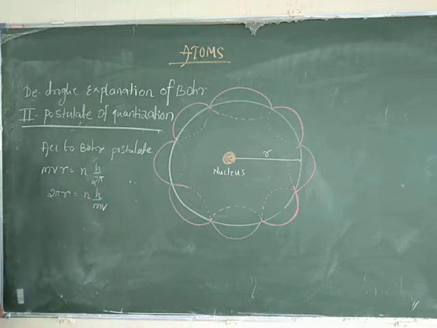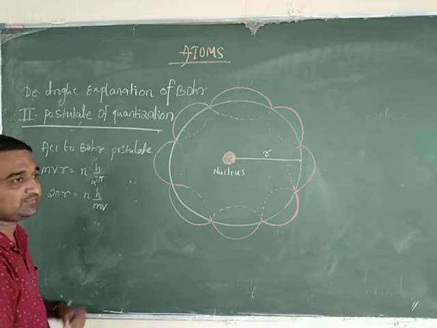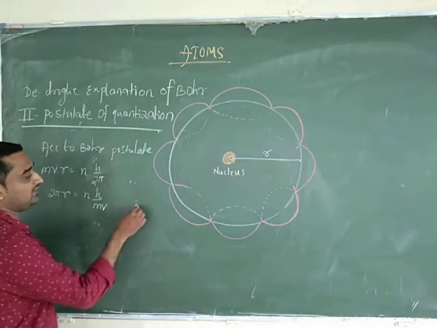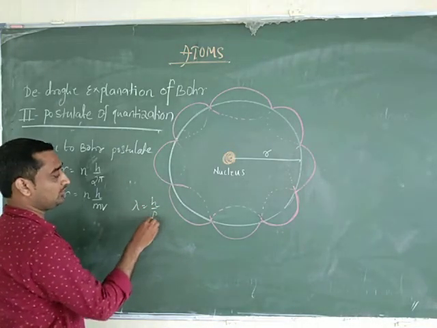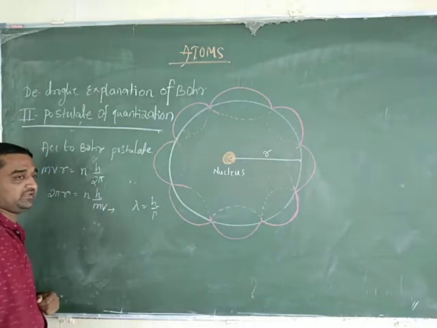But what is h upon m into v? The de Broglie wave equation: lambda is equal to h upon p, where p is equal to m into v.